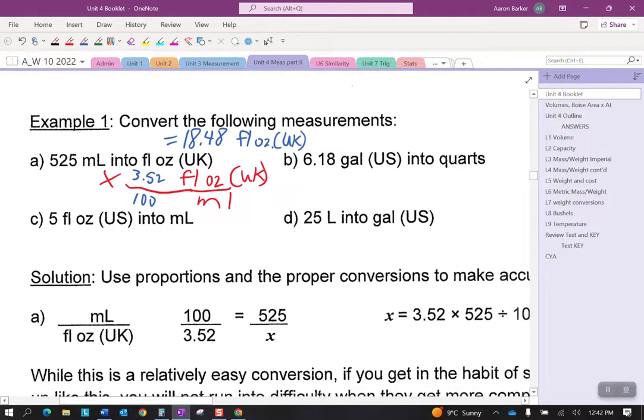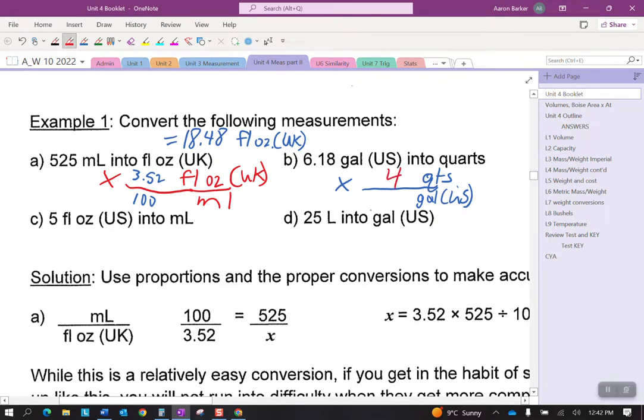Okay, so then the next one, US gallons into quarts. So we will multiply by the conversion factor. What are we trying to find? Quarts. So that goes on top. Okay. And gallons on the bottom. Now we already looked this up. It was 1 to 4. 4 quarts. So that goes on top.